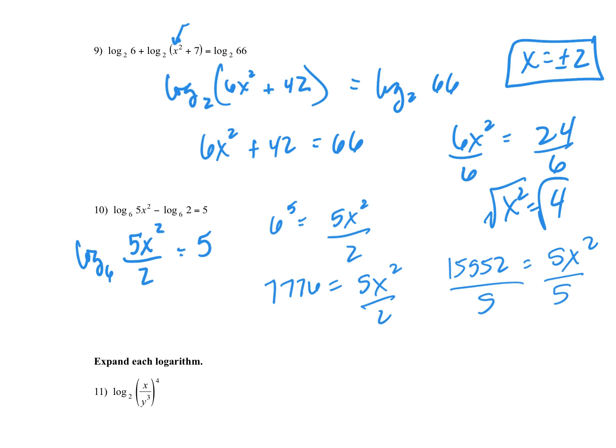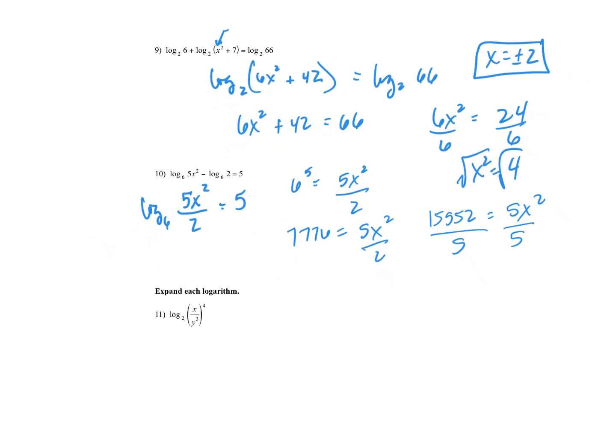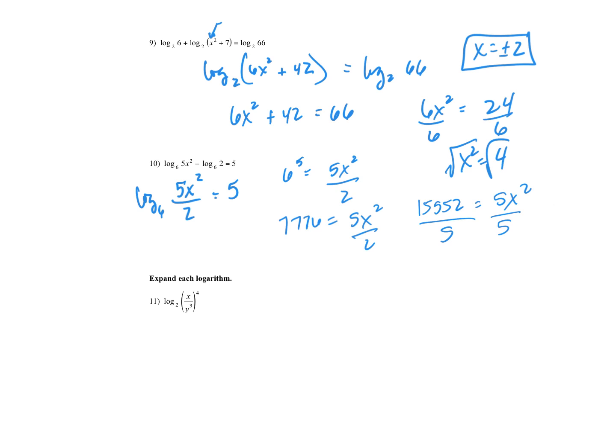We divide both sides by 5. So what we have to do is factor that 15,552. And we already know that it's going to be 6 times 6 times 6 times 6 times 6 times 2. And when you have that, you have 2, 3, 2, 3, 2, 3, 2, 3, 2, 3, and a 2.